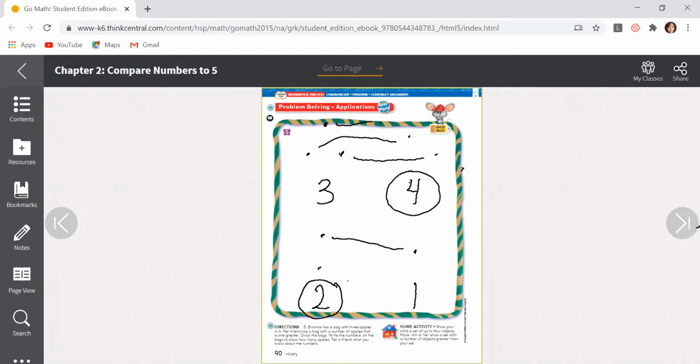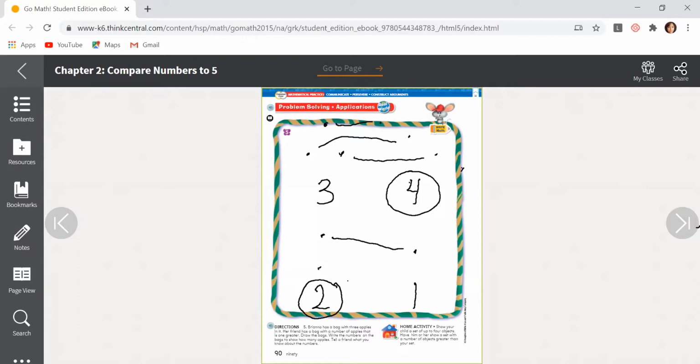Let me write for this. I'm gonna tell you a story. So Brianna has a bag with 3 apples in it. Then her friend has a bag with another number of apples. So I'm gonna write my bag first. My 2 bags.